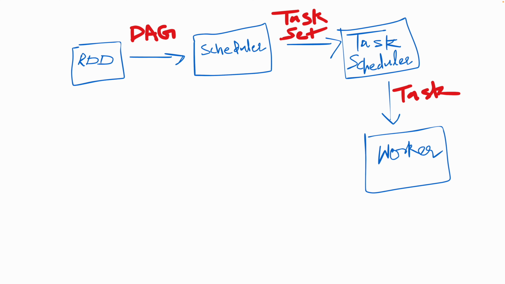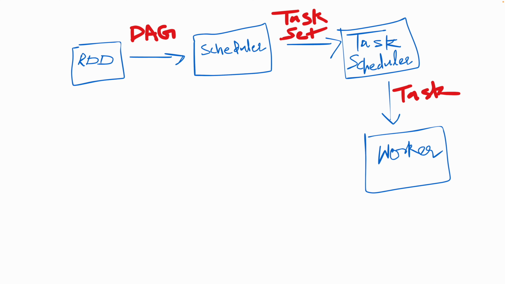So how it happens basically is you have RDD objects where you are doing transformations and actions, which will go to the DAG scheduler. It will compute a DAG of stages for each job. A stage generally consists of tasks based on the input data partitions, and the DAG scheduler will merge some transformations together.